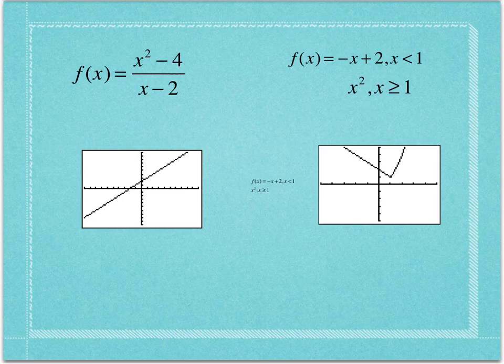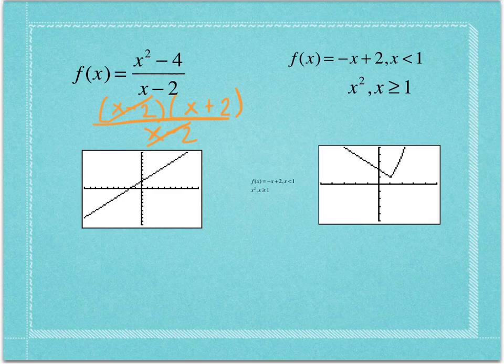So first of all, the first function, kind of a classic one, x squared minus 4 over x minus 2. Now this looks harmless enough when we graph it. It looks like a straight line, but as some of you figured out, there is going to be a bit of a discontinuity here. Remember, I can factor the top as x minus 2 times x plus 2, like that. Denominator is going to be x minus 2, and sure enough, the x minus 2's will cancel out.